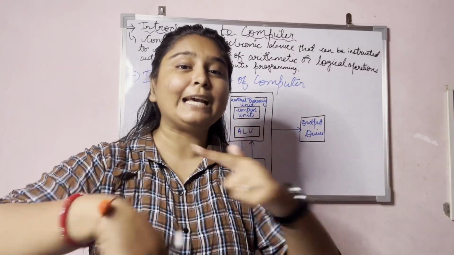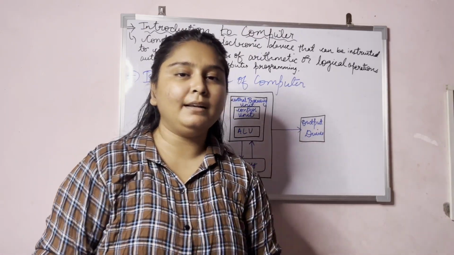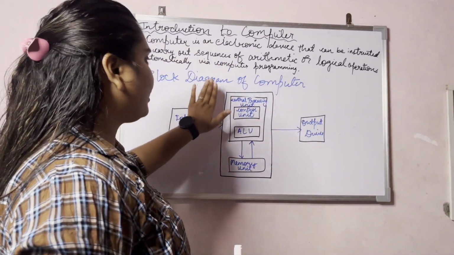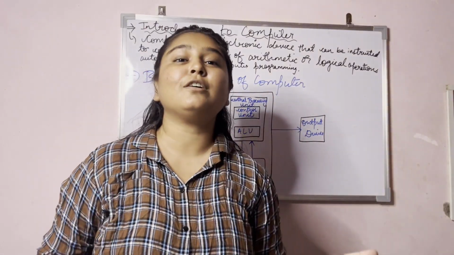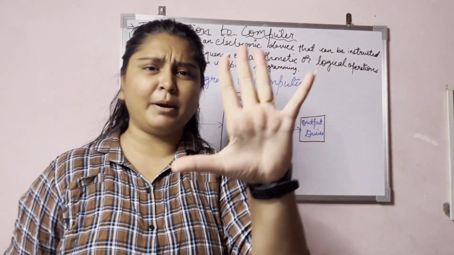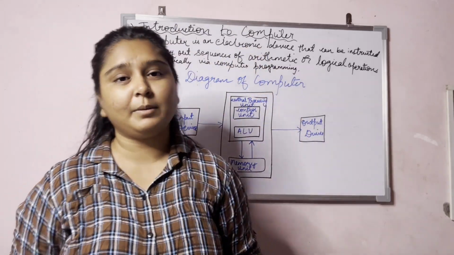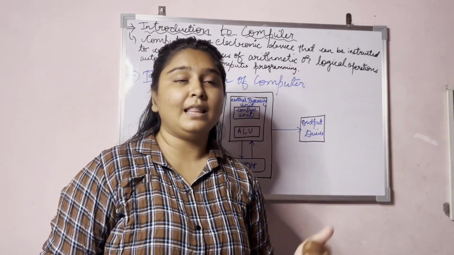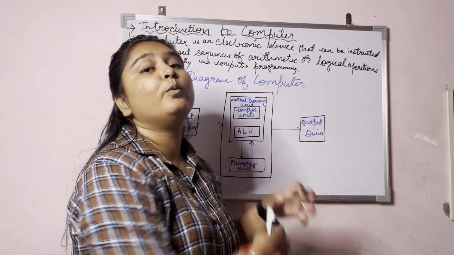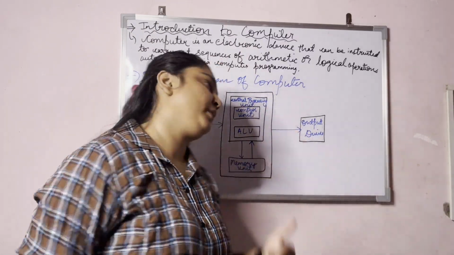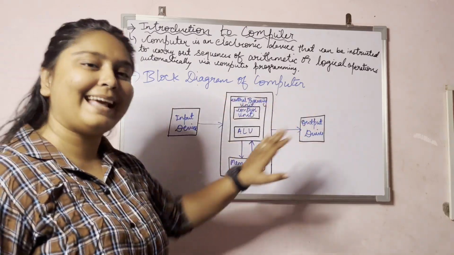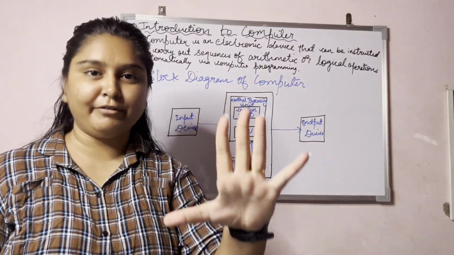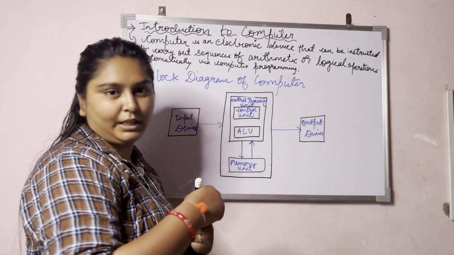Now quickly going forward and looking at the block diagram of computer which is drawn here. So these all components, there are 5 components of computer that also everybody might be knowing, right? Now we are going to study which those components are. So a block diagram of computer looks something like this, and there are 5 components which I am going to teach you today.